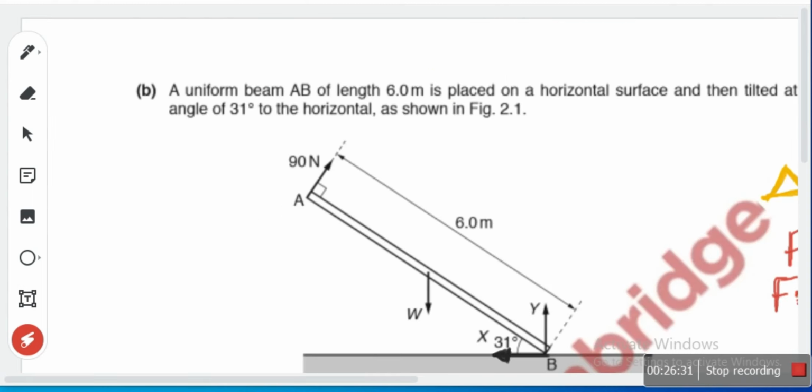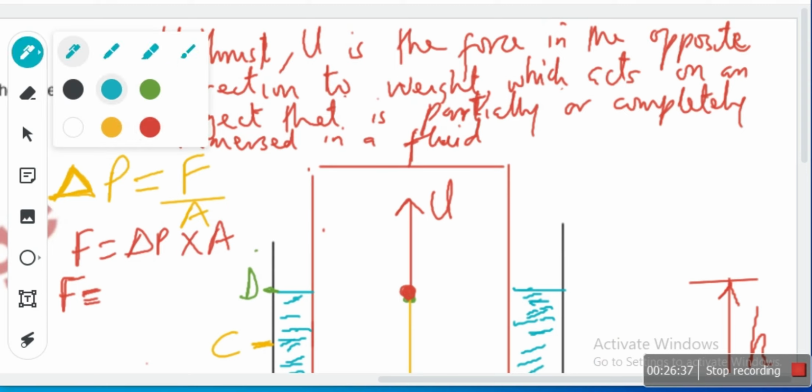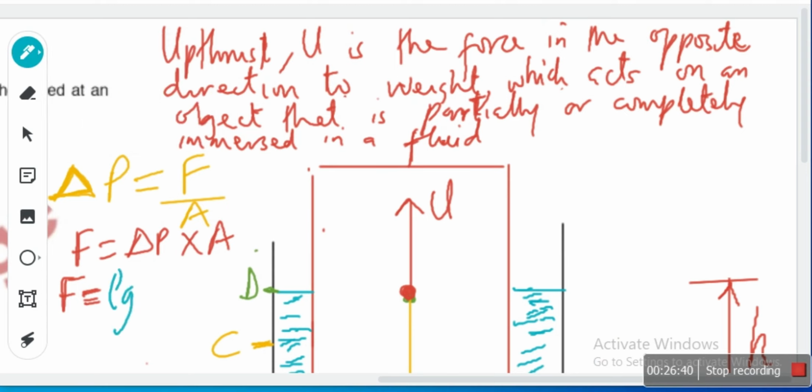Let me zoom in again to 100. So that difference in pressure is rho GH. Are you ready? Rho GH, isn't it? That's the pressure, then times the area. So rho GHA.